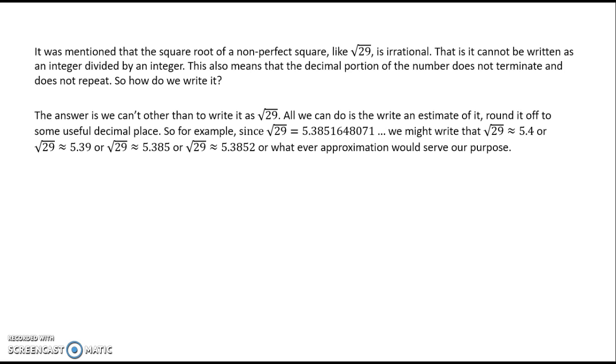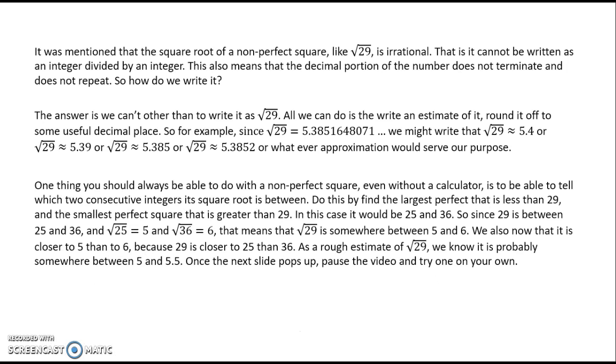Or we might say that the square root of 29 is about 5.39. Or that it is approximately equal to 5.385. Or perhaps, if we wanted to be extra precise, we might say that it's approximately equal to 5.3852. Or we could just keep going as many decimal places as it needed in order to serve our purpose.